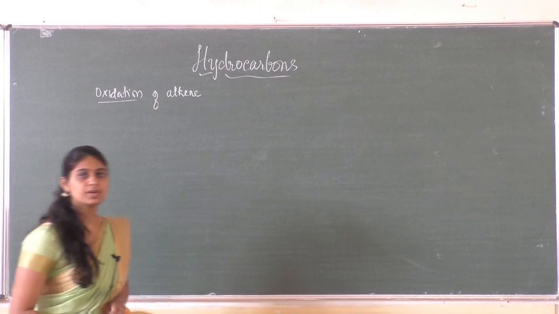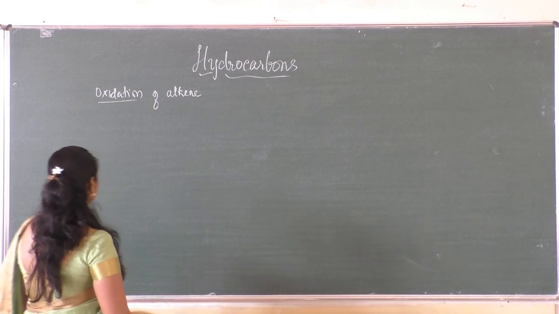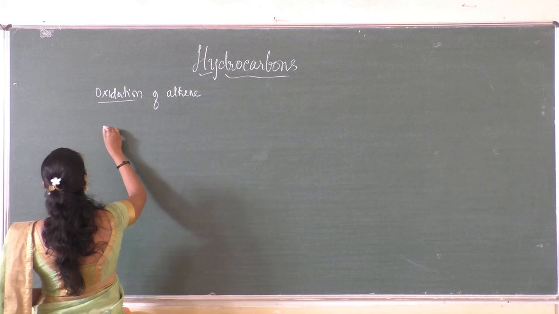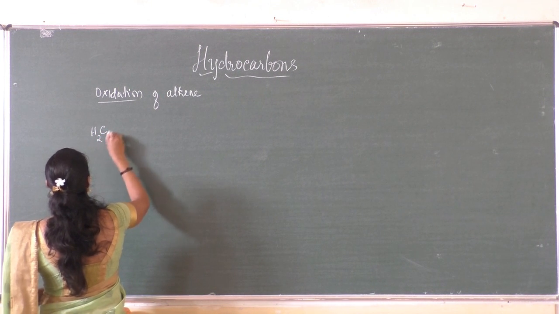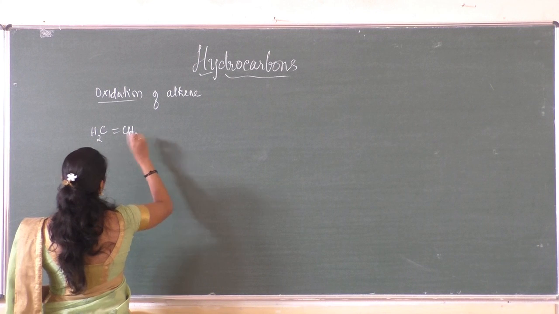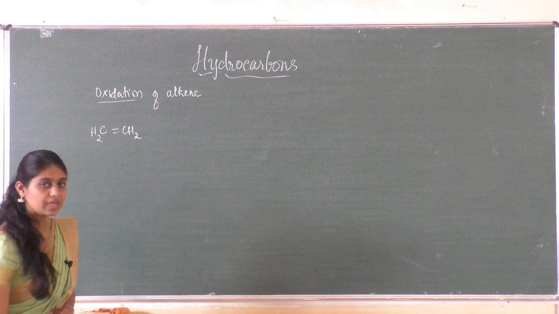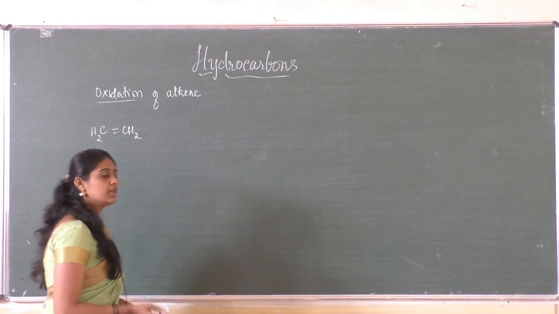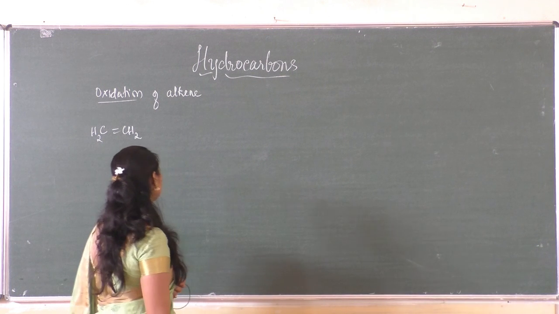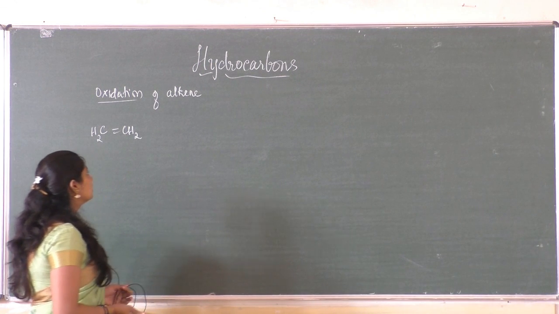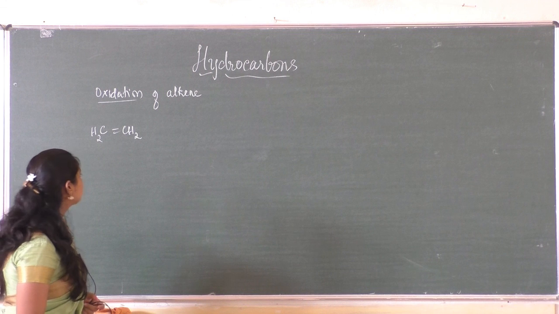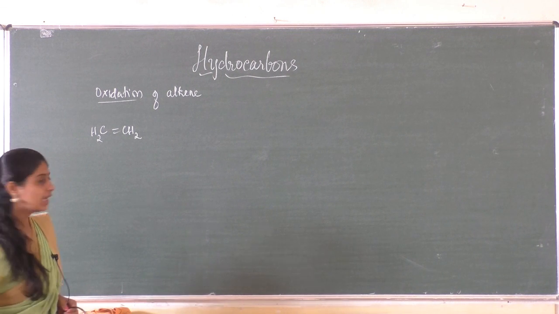KMnO4 is a very good oxidizing agent. Whenever alkene reacts with Baeyer's reagent, that is cold aqueous dilute KMnO4, the product we end up with is vicinal glycol.